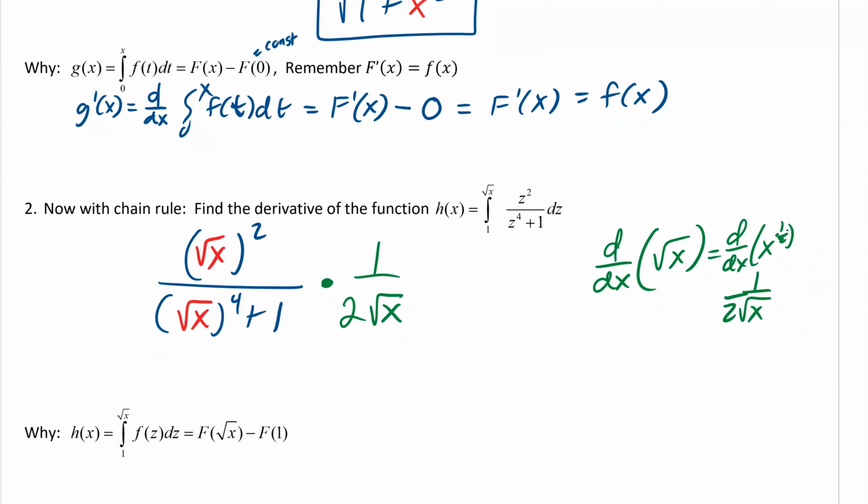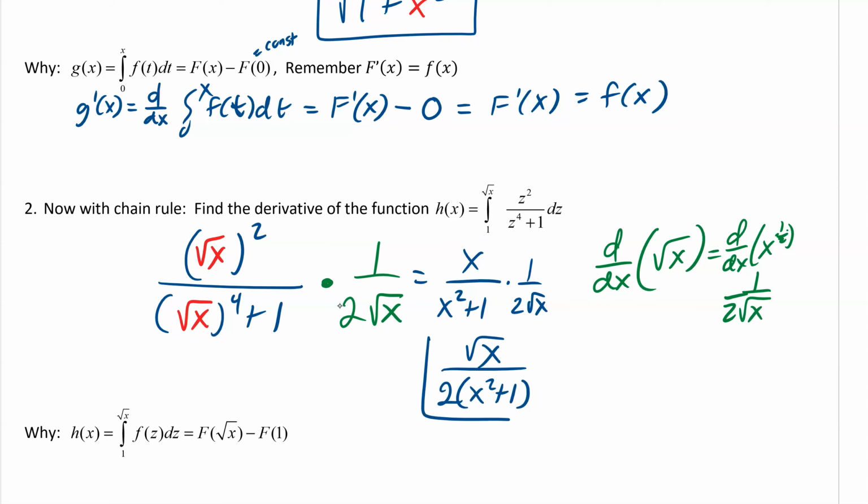And then now we can just simplify a little bit and see what we get. So that would become x over x squared plus 1 times 1 over 2 radical x. And then the radical x and the x will cancel, giving us radical x over 2 times x squared plus 1.